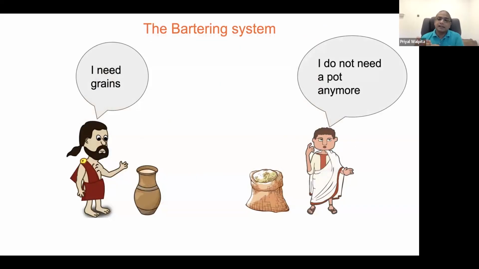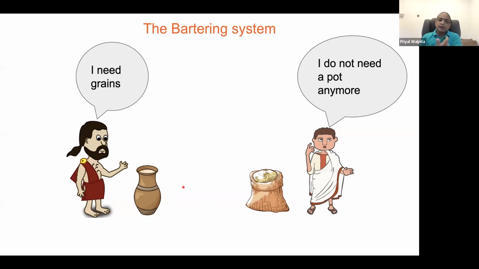But if the farmer has no requirement for any pot, the transaction will not occur, yet the farmer always needs something to eat. This is the problem with the bartering system.